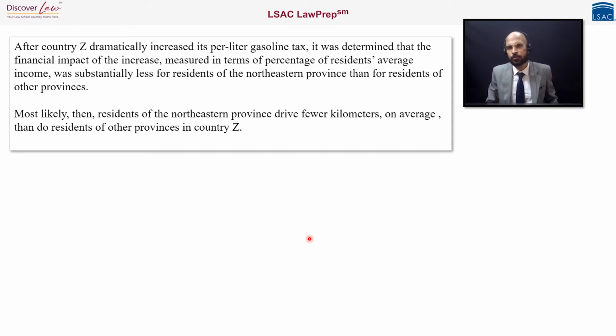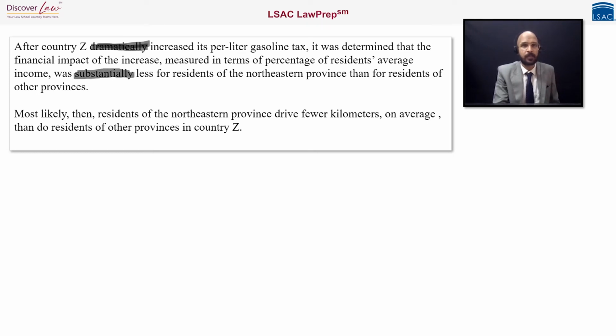Let me show you. It says dramatically increased. How about I just make this increased by removing this adverb? Likewise, it says substantially less. Let's just call it less, so I remove substantially.